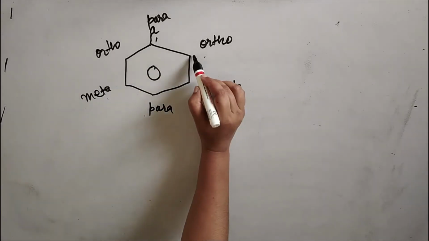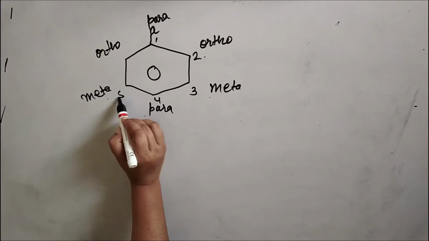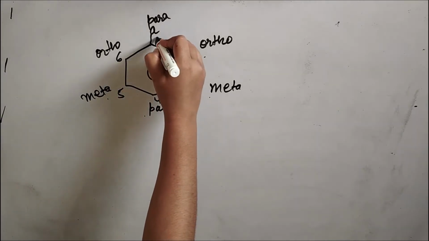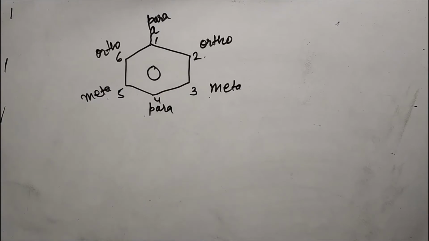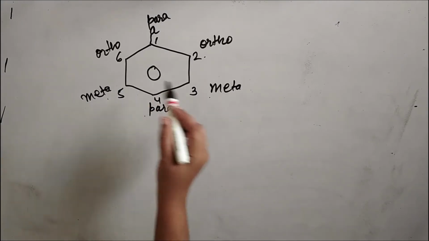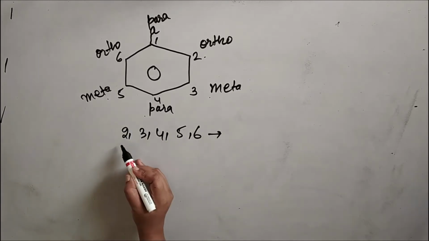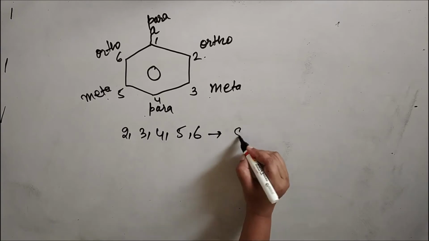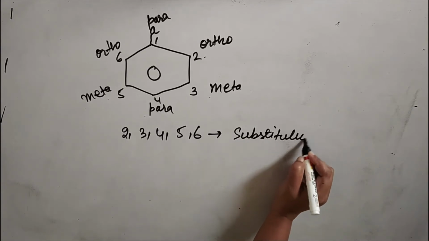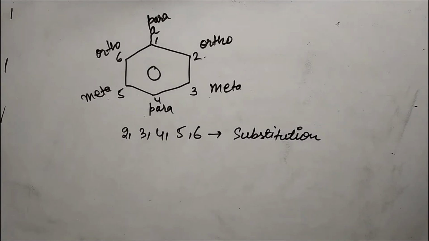If at the first position one group is already present, it can be any group, then the remaining unoccupied positions are second, third, fourth, fifth and sixth, where substitution can take place because hydrogen is present and can be substituted with some other functional group.